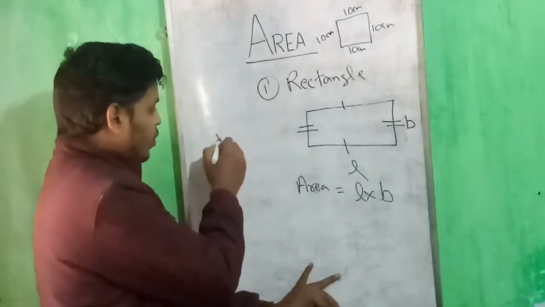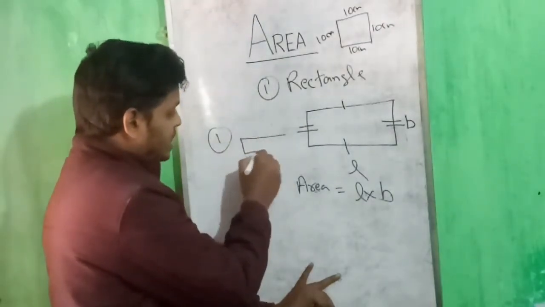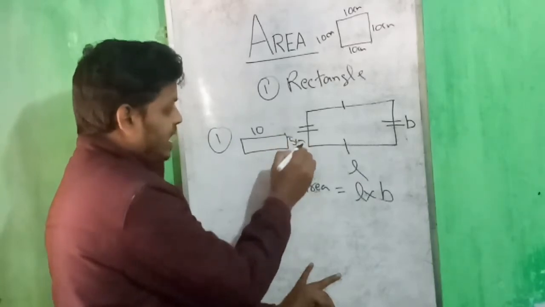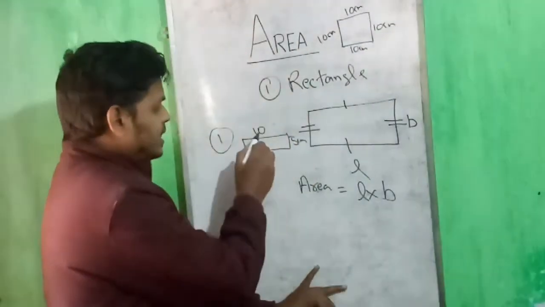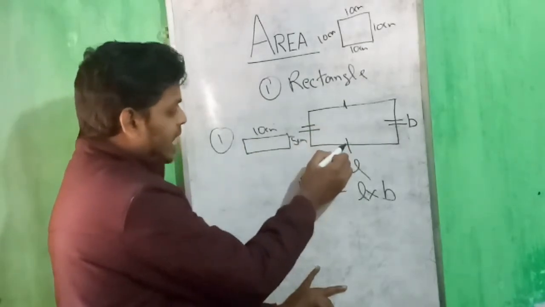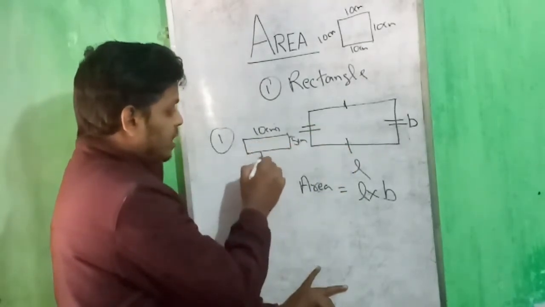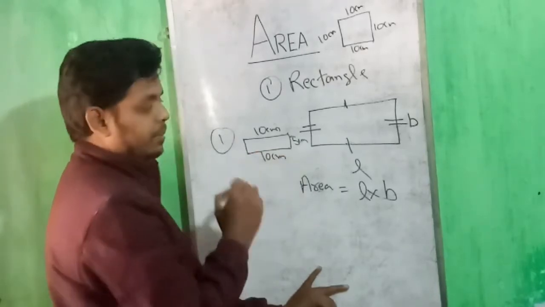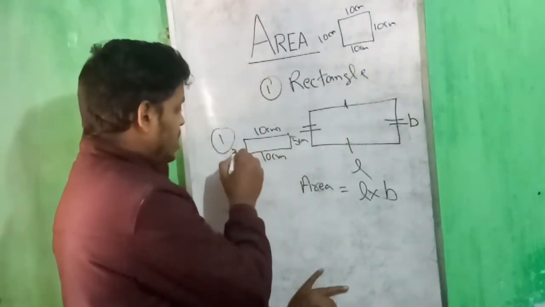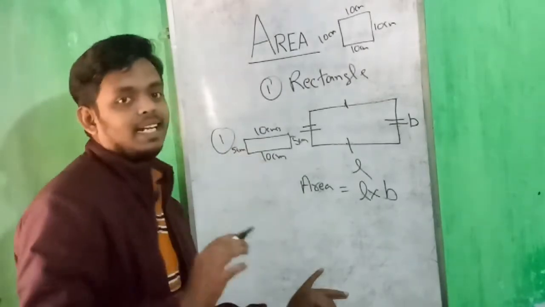Imagine a question is there. I made a rectangle like this. This is 10 centimeter and this is 5 centimeter. If this is 10 centimeter, then as I said, the opposite one will be the same, so this one will also be 10 centimeter. If this is 5 centimeter, this one will also be 5 centimeter.